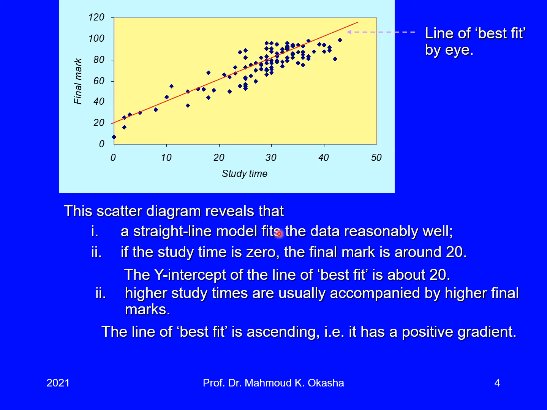The scatter diagram shows the things which I mentioned. The straight line model fits the data reasonably well. If the study time is zero, for a student who doesn't study at all, he gets a mark that is not actually zero. He can get, for example, 5, 10, 20, and so on, but not much more than 20.